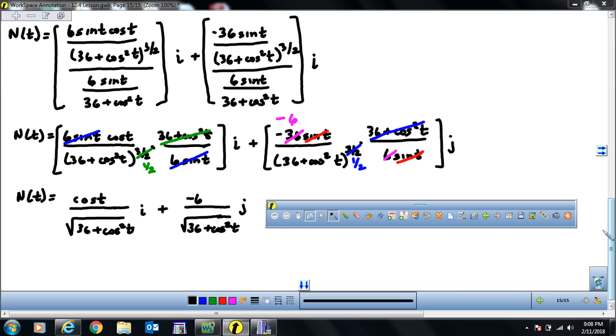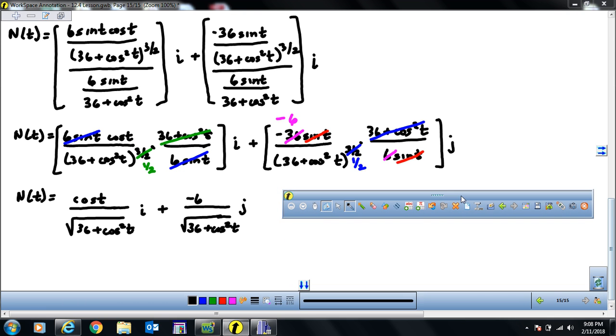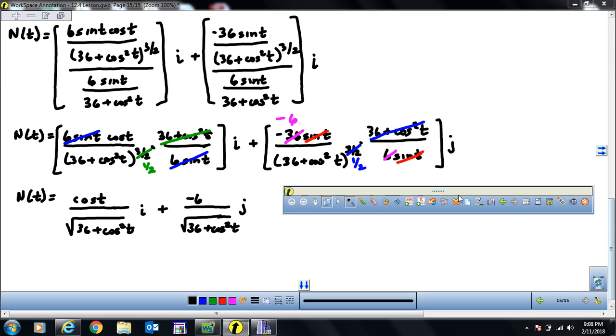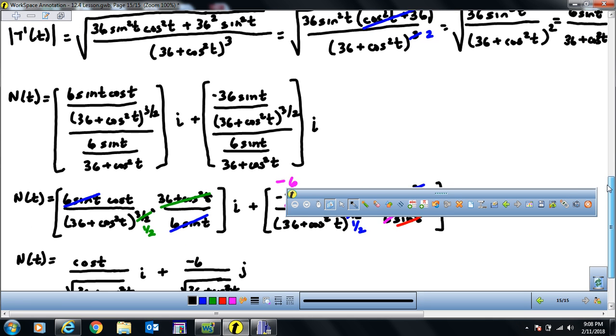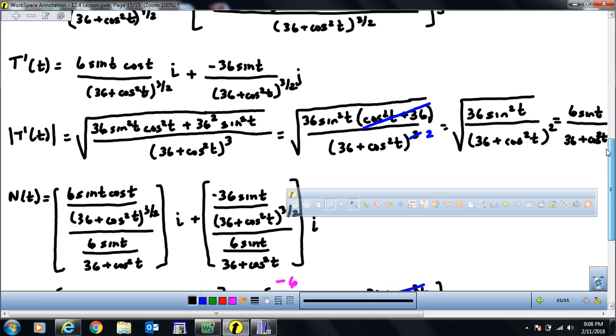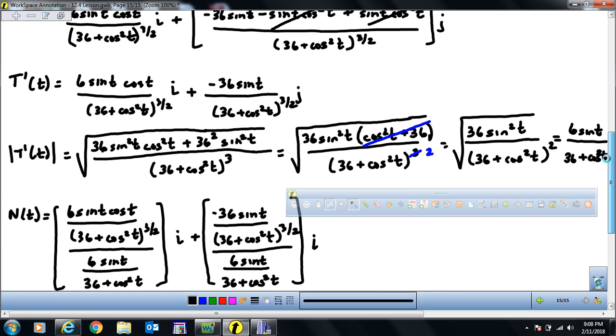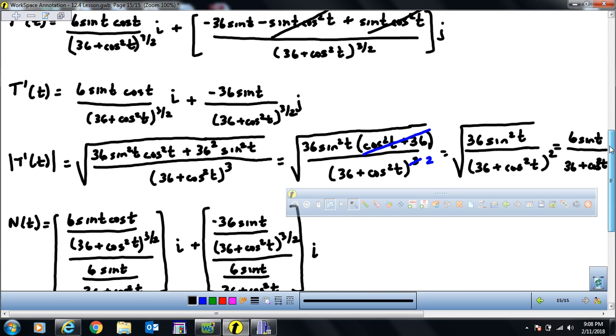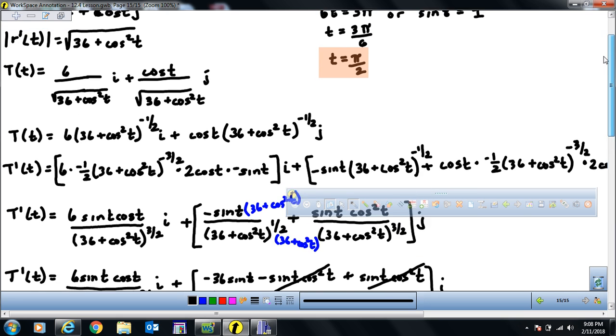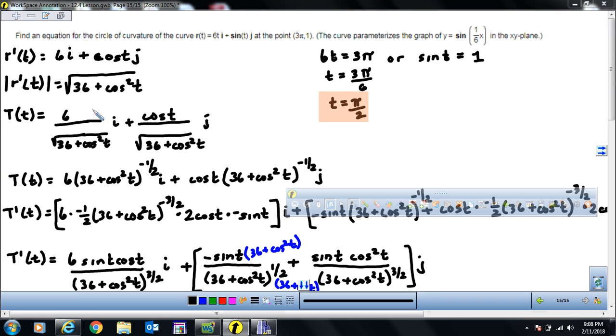Okay, so what do we need now? We need to find the curvature, because in order for us to find the radius of the circle of curvature, we need the curvature at that given point. So to find the curvature, we need the magnitude of the derivative of the unit tangent vector, which is this guy right here, divided by the magnitude of the derivative of the position vector, which is this guy right here.